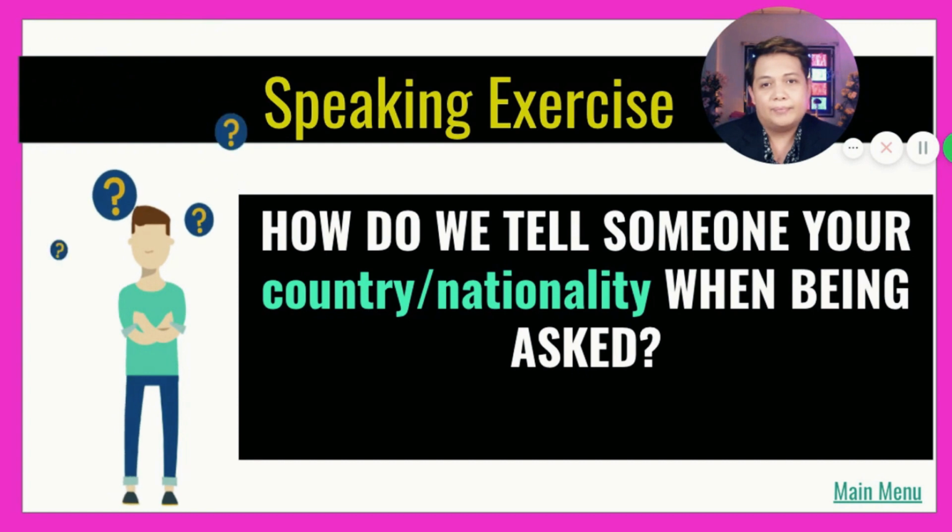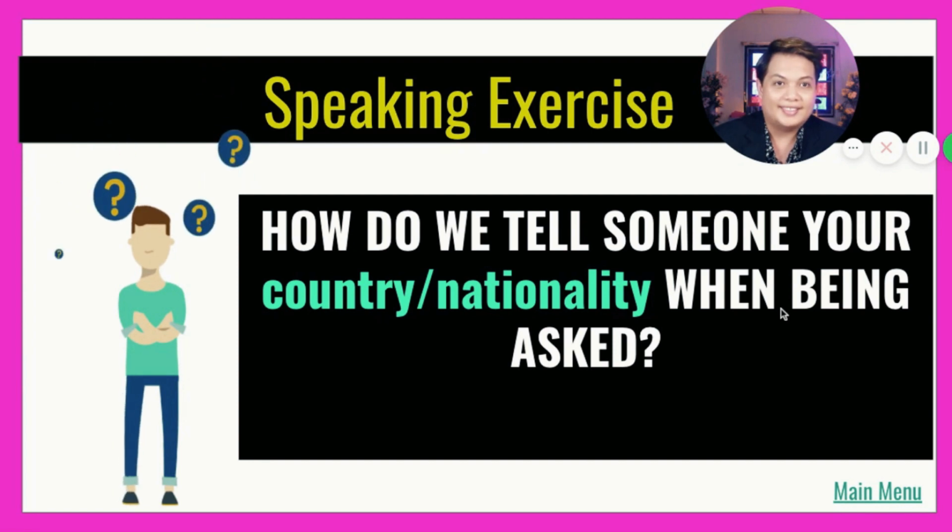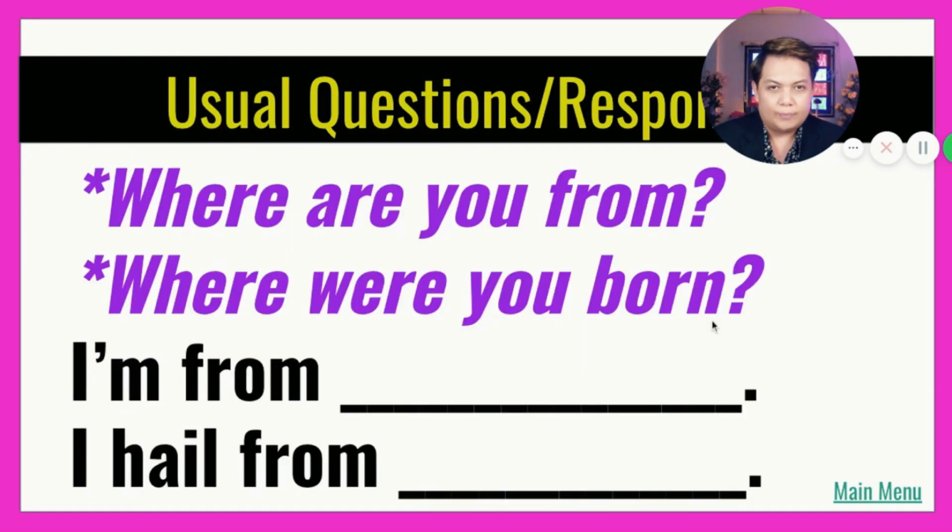Now this time, how do we tell someone your country or your nationality when being asked? All right, so the usual questions are these. Where are you from? Say it with me. Where are you from? Next is, where were you born? Say it with me. Where were you born? Thank you so much.